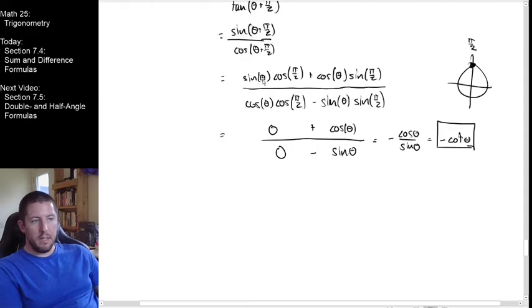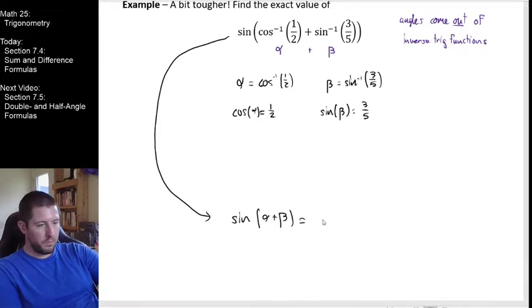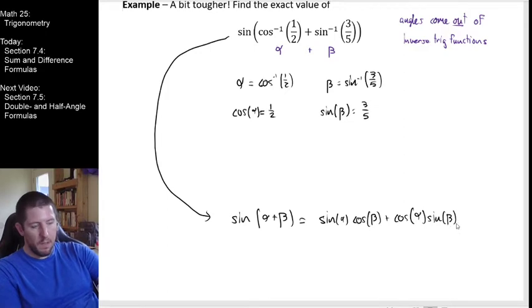Sine of a sum: sine cosine plus cosine sine. So it seems to me like if I knew both the sine and cosine of alpha and the cosine and sine of beta, then we'd be good.